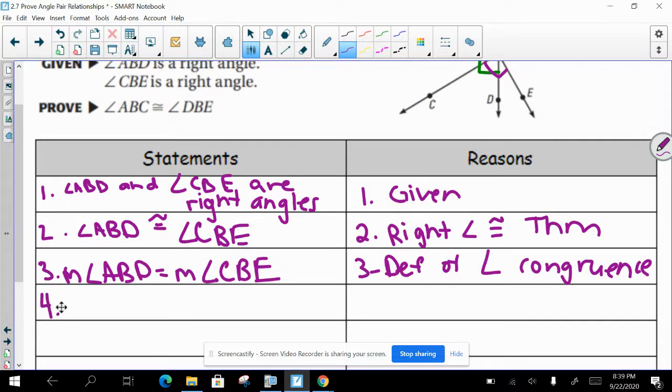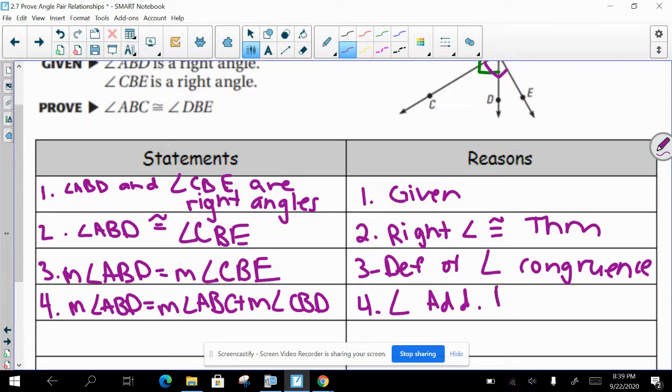So step 4, I'm going to use the angle addition postulate for angle ABD. The measure of angle ABD is equal to the measure of angle ABC plus the measure of angle CBD. Angle addition postulate.